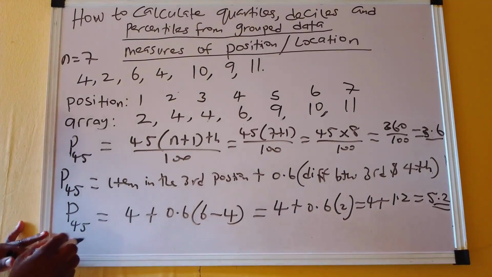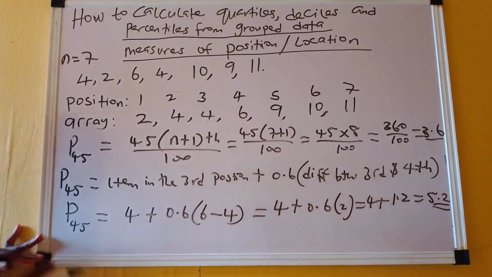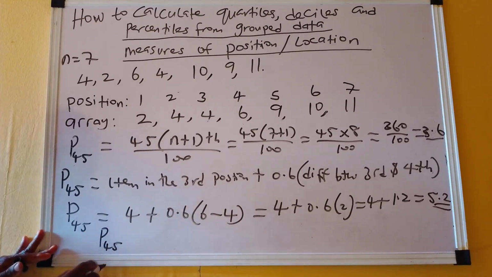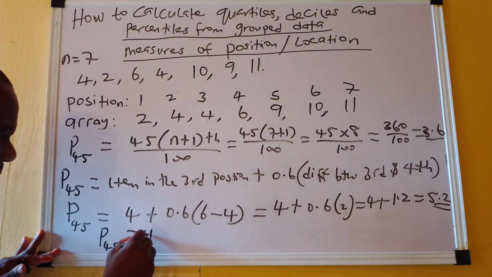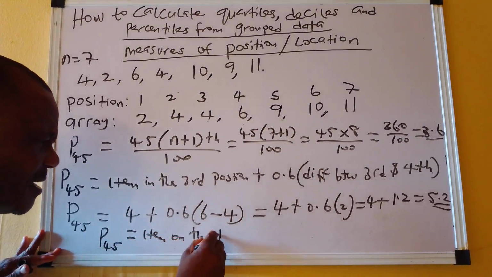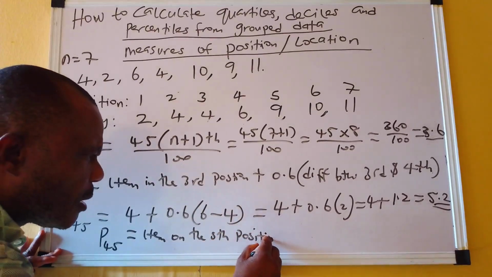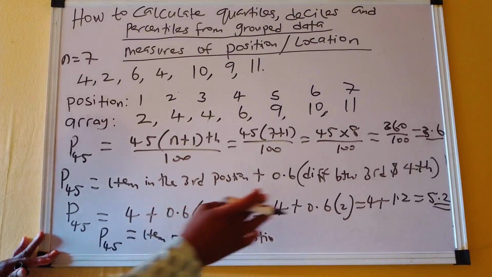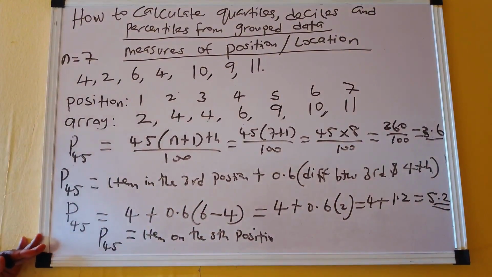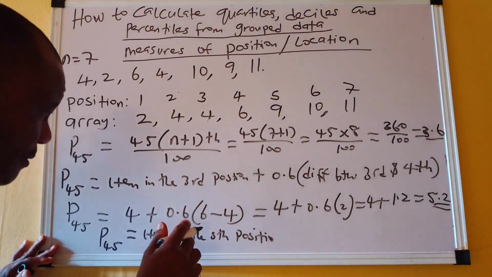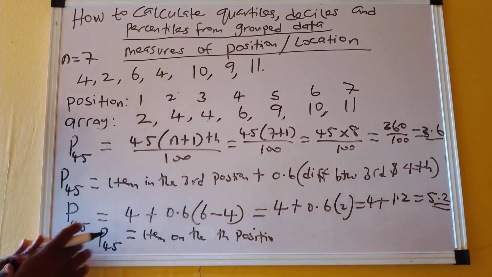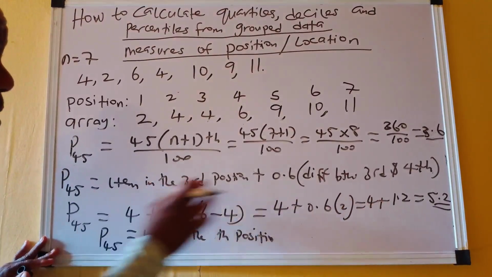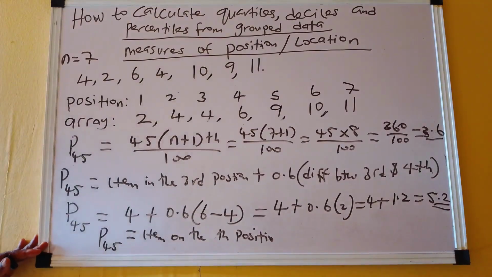So now it simply means that we calculate P45 as the item on the 5th position plus that particular item on the 4th position that you have there.